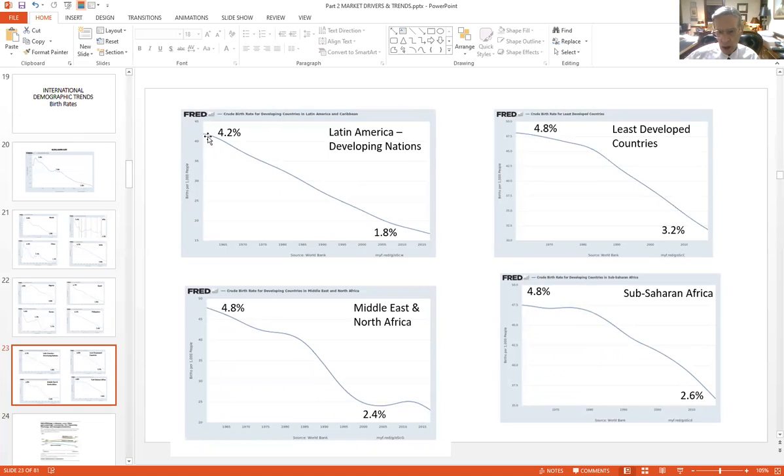So all of the rates in 1960 in these charts are quite high, and the rates in least developed countries are especially high, as they are in the Middle East, North Africa, and Sub-Saharan Africa. So that's where population is going to keep growing, as opposed to in the more developed nations such as the United States and Europe and China.